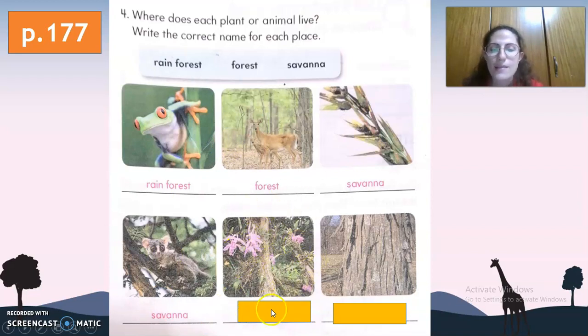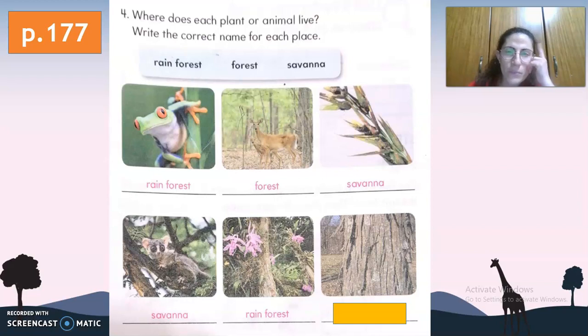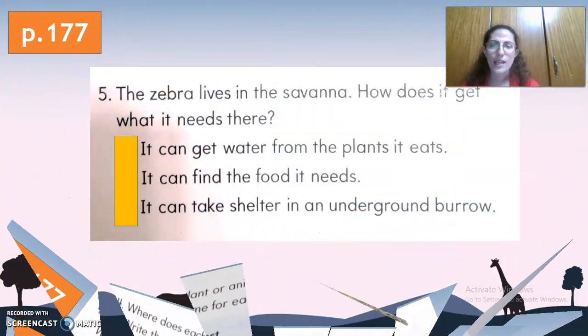Where do these plants live? They live in the rainforest, correct. Why? Because they grow on the trees to get the sunlight that they need to live and grow. What about these tree barks? Where do we find them? Let's think. In the forest, correct. Let's check and see silently.